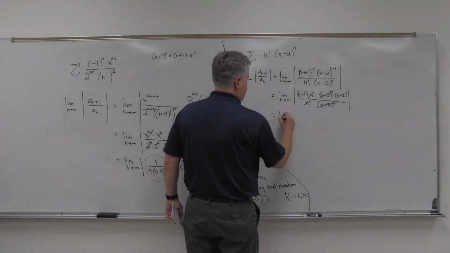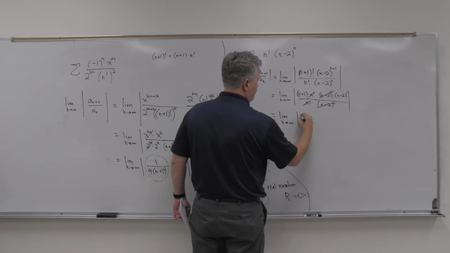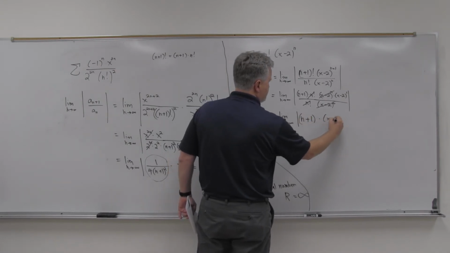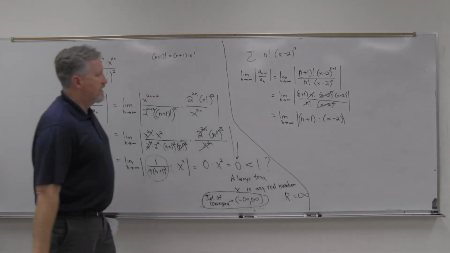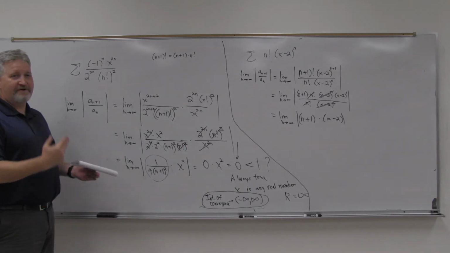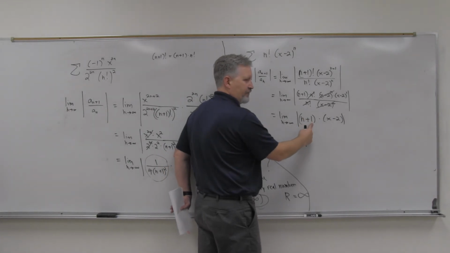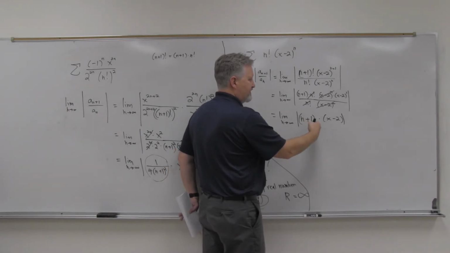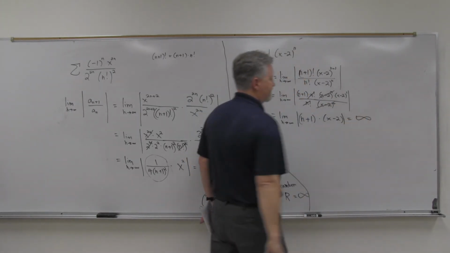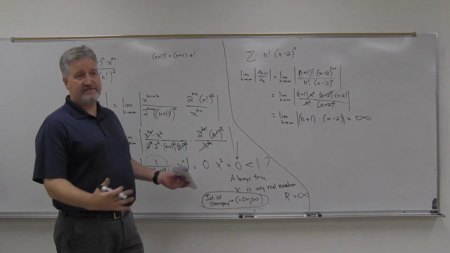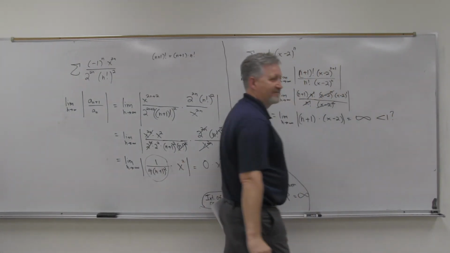So that leaves me the limit as n goes to infinity of (n plus 1) times (x minus 2) in absolute value. Well, kind of the reverse happens here, because as n goes to infinity, that's infinity plus 1. It's infinity. So we have infinity times whatever here. That's infinity. So the limit is infinity, which, when is that less than 1?